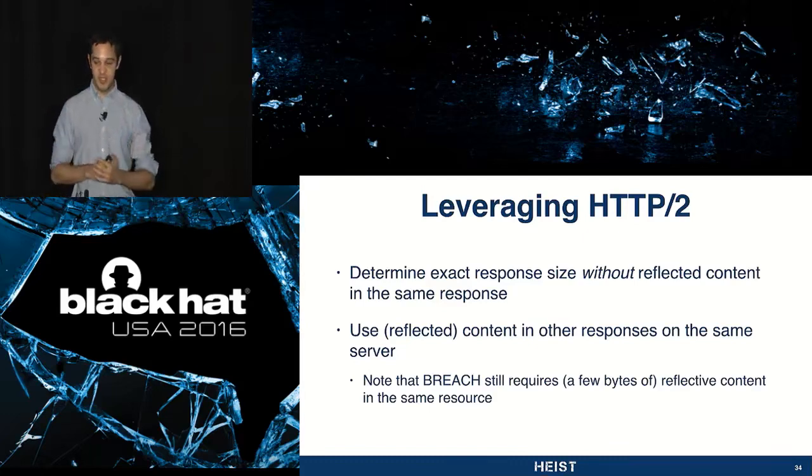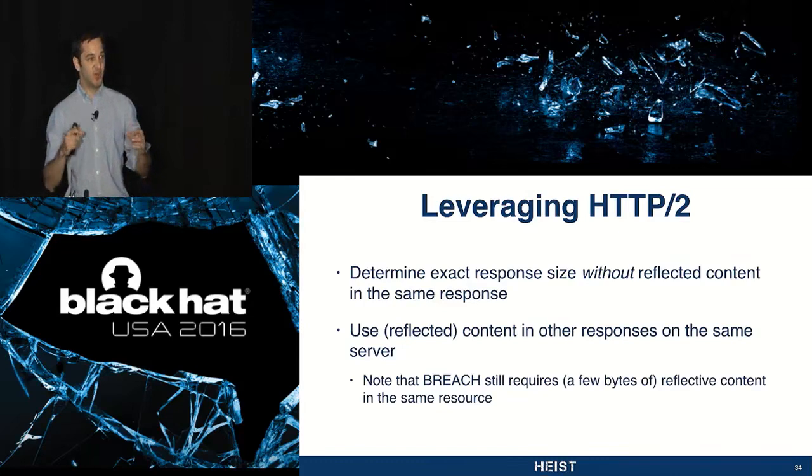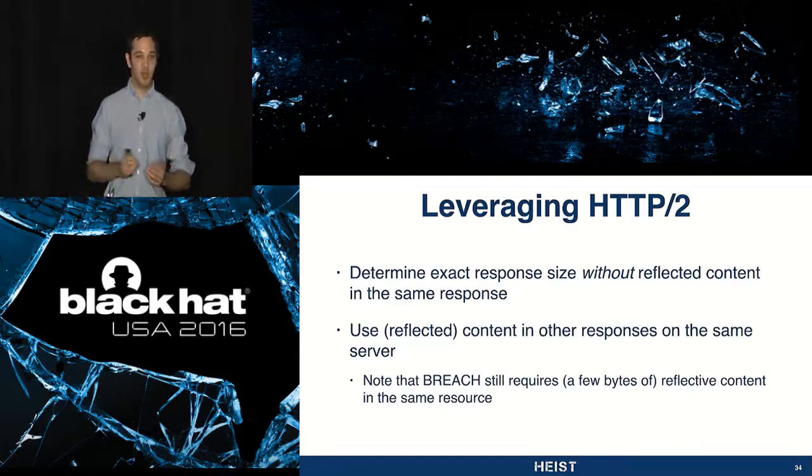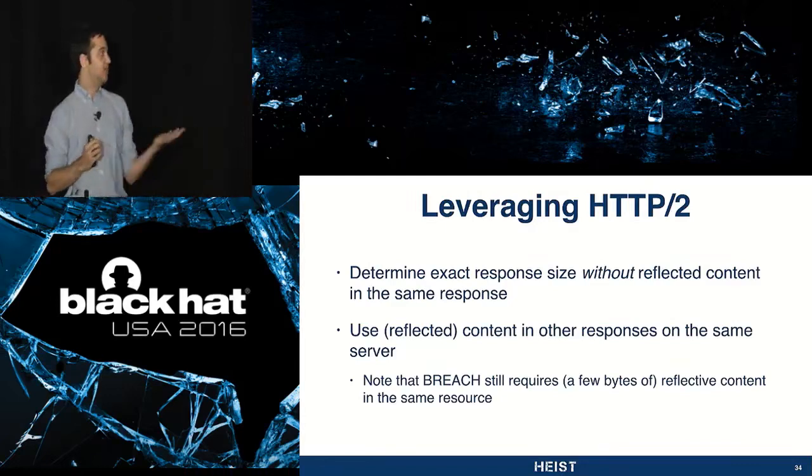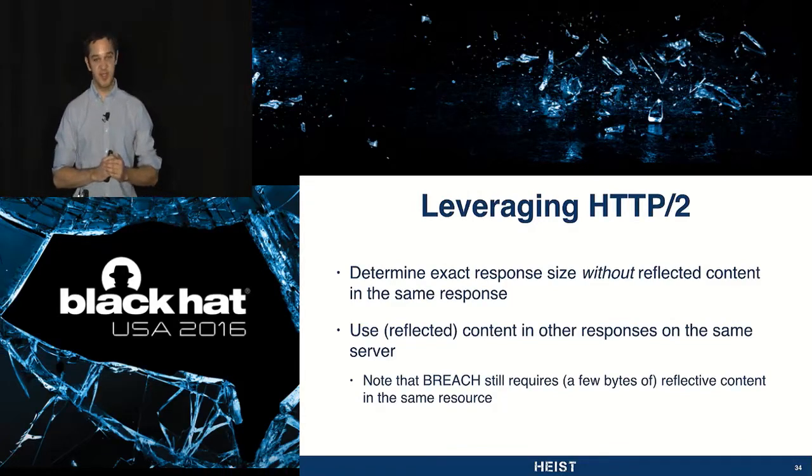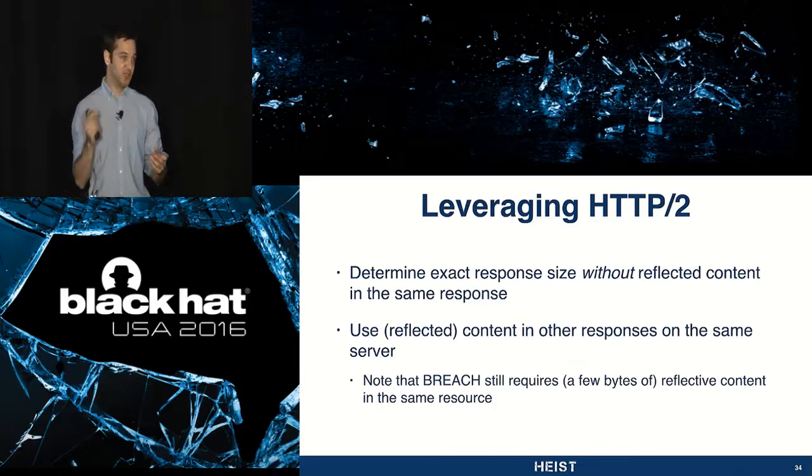But what we are able to achieve is that we can now determine the exact size of a response without requiring that there is reflected content inside the specific response, so inside this resource. So that's the first advantage that HTTP2 brings us. The second, related advantage is that, let's say you have a resource where there is some kind of secret in it, and you want to apply the BREACH attack to extract the secret, but there is only a very small amount of reflected content inside this resource.